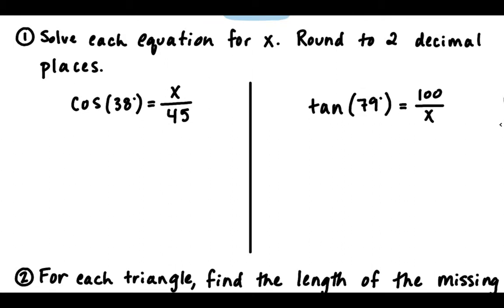So first thing we want to do is turn our trig values into decimals. I'm going to give the hints for these at the same time. So we're going to use the calculator to turn this into a decimal.